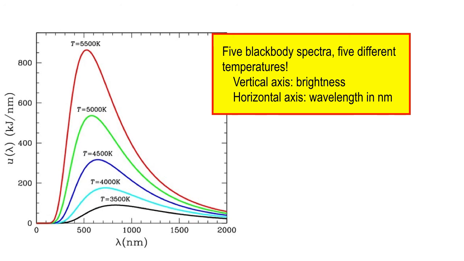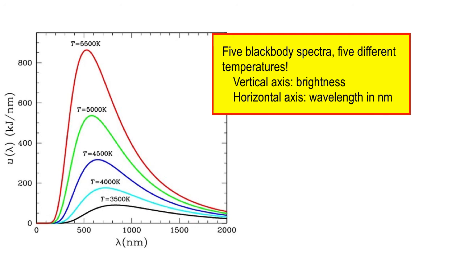I don't know, what about 800, 900? Down here, this one. So these peak values in the brightness, and down here, these are longer wavelengths. By the way, a nanometer, nm, is the wavelength of light, and that's a billionth of a meter.